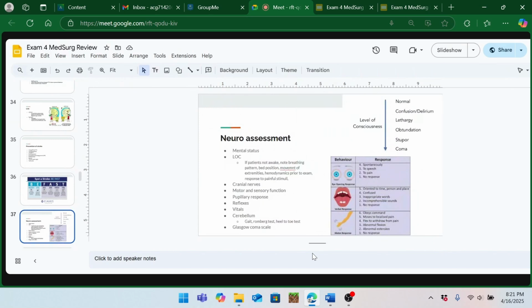Neuro assessment. I'm sure you guys are pretty good about this at this point. Here's just a list of things. Be aware of your Glasgow Coma Scale that was on this exam. I believe that she had us grade some symptoms that she listed.